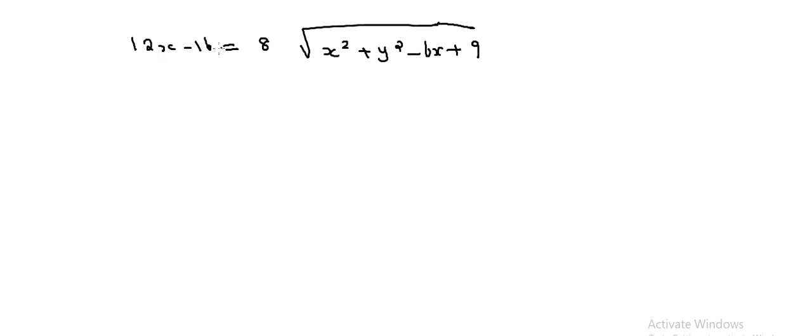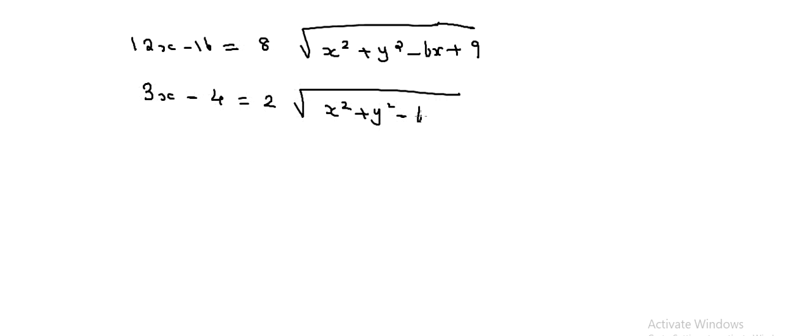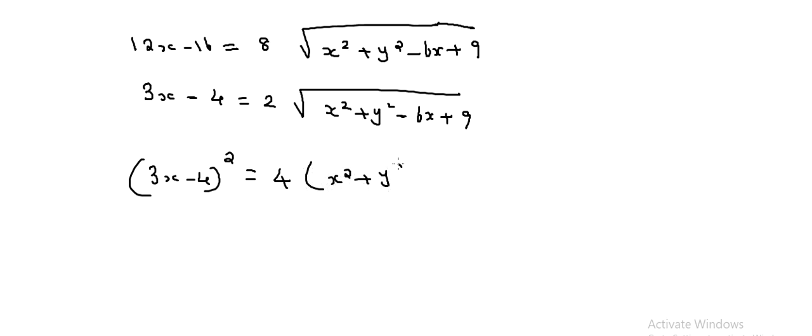We can take 4 outside here, and this 4 and 8 will get cancelled, and remaining it will be 2. So here 3x minus 4 is equal to 2 root of x square plus y square minus 6x plus 9. Now take square on both sides, we get (3x minus 4) whole square is equal to 4 into (x square plus y square minus 6x plus 9).